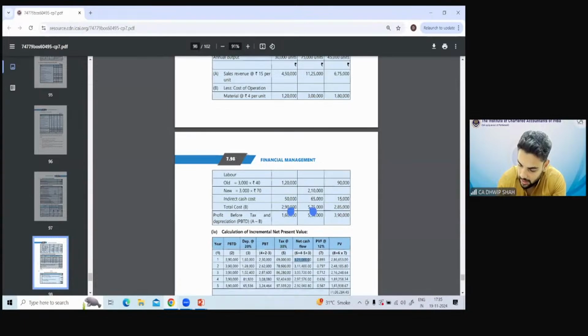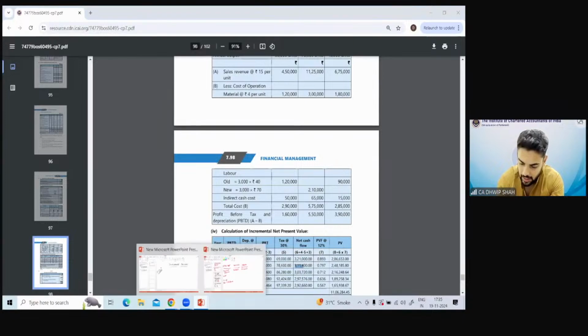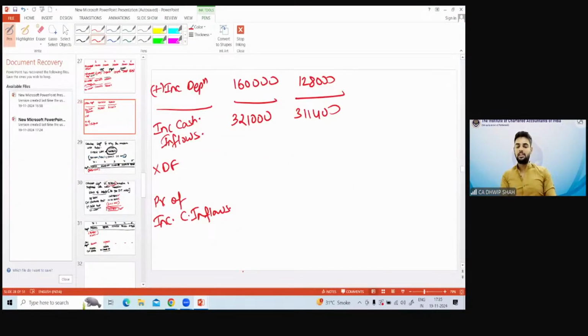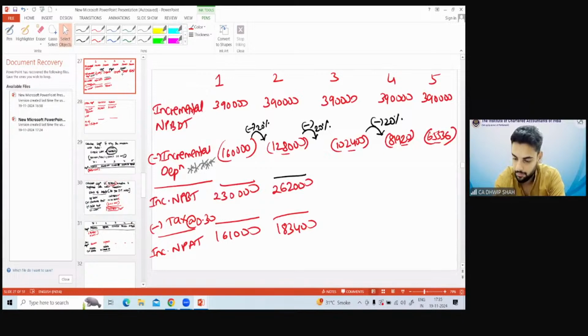So can you see, incremental cash inflows for year 2 is 311,400, and you then multiply it with the discounting factors to get present value of cash inflows. Okay? You can complete this table as homework.